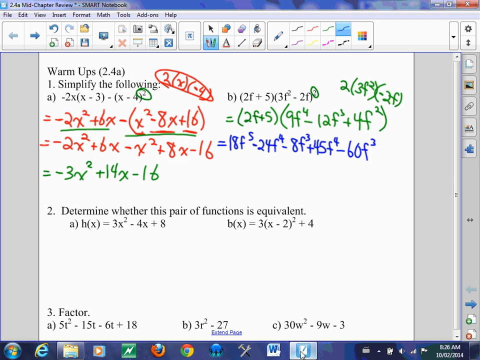And last we're going to have plus 20f squared. All right, collecting like terms, we have 18f to the fifth minus 21f to the fourth. Okay, and minus 68f to the third. And no collecting like terms of this, so it stays plus 20f squared.